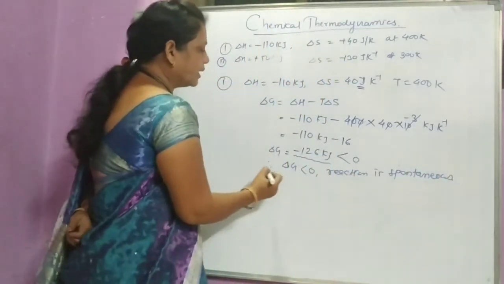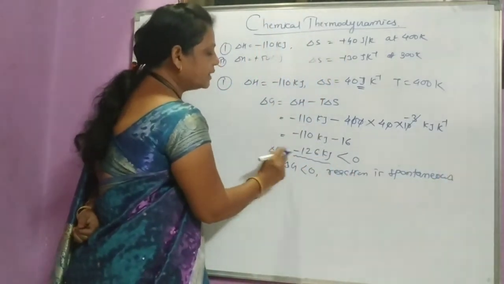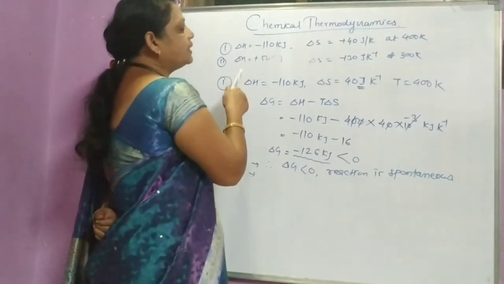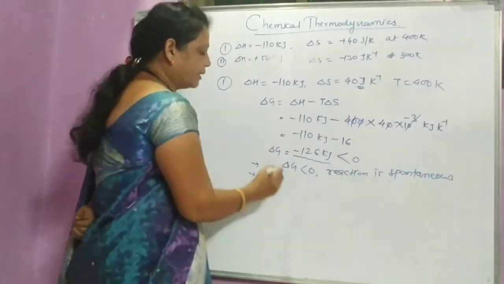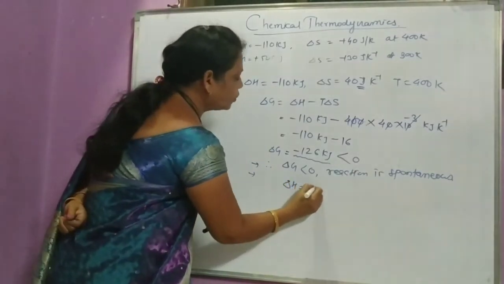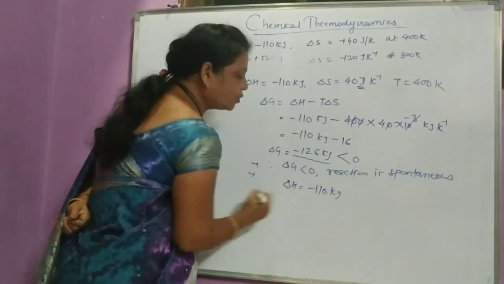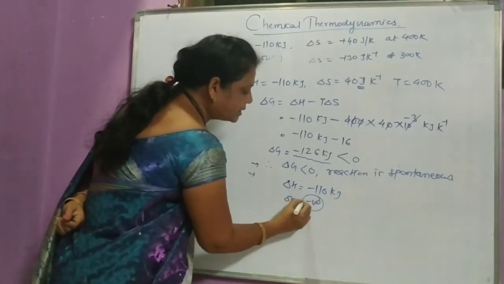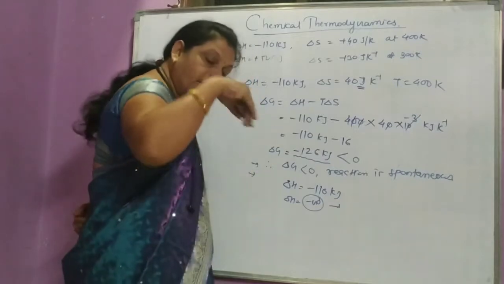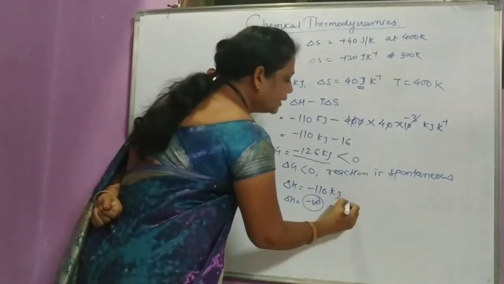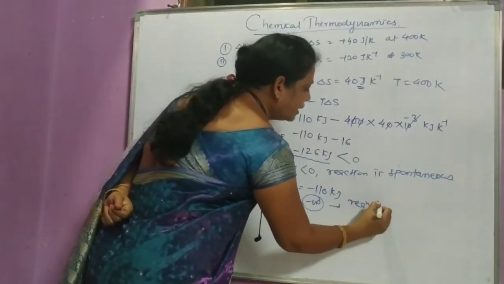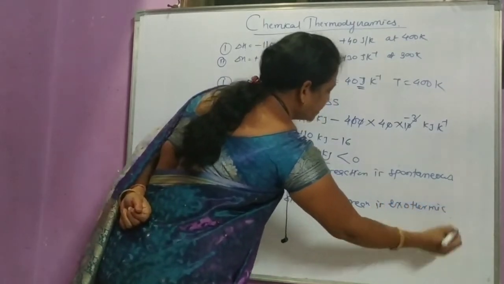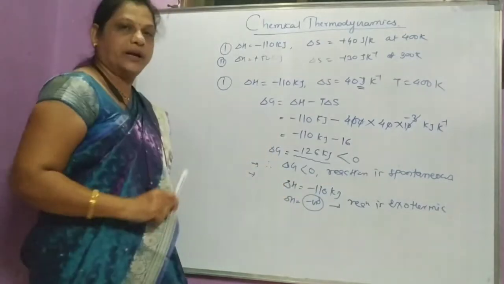For the second part, whether it is exothermic or endothermic: del H is equal to minus 110 kilojoule, which is negative, so heat is evolved from the system, and therefore the reaction is exothermic. The reaction is exothermic and spontaneous.